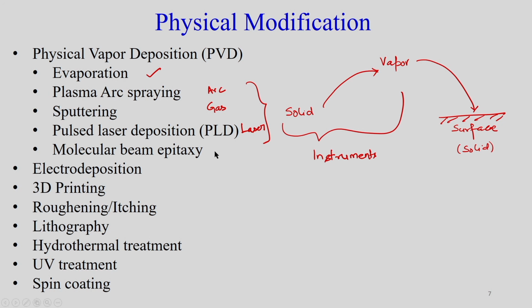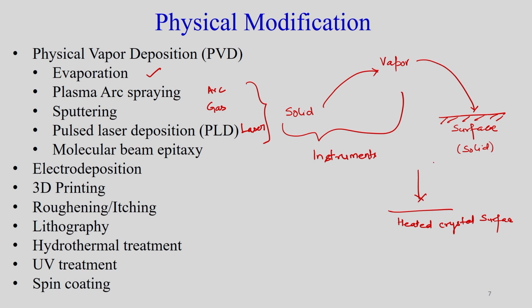In this case, again the solid is coming; epitaxy means it is coming from above and getting deposited. You have a heated crystal surface and the material is coming from the top and getting deposited.